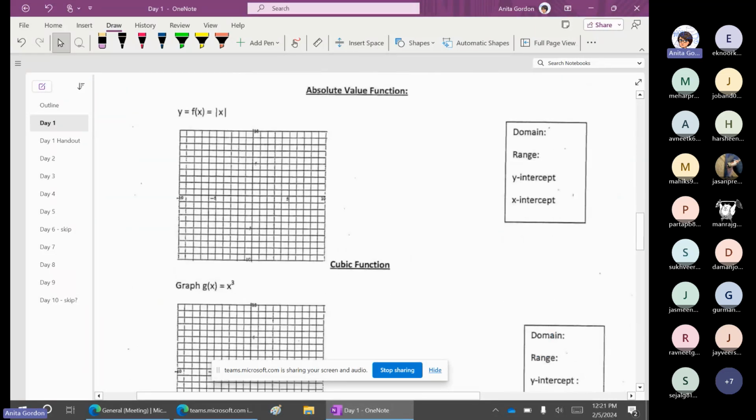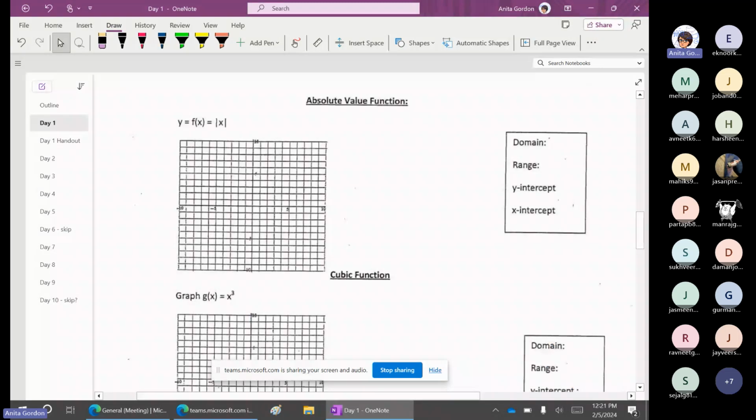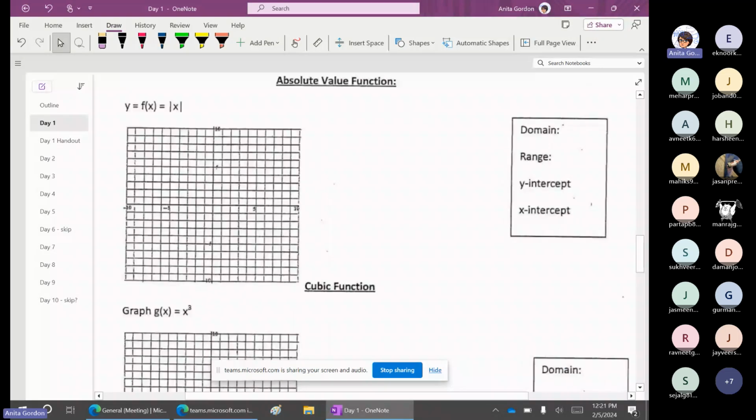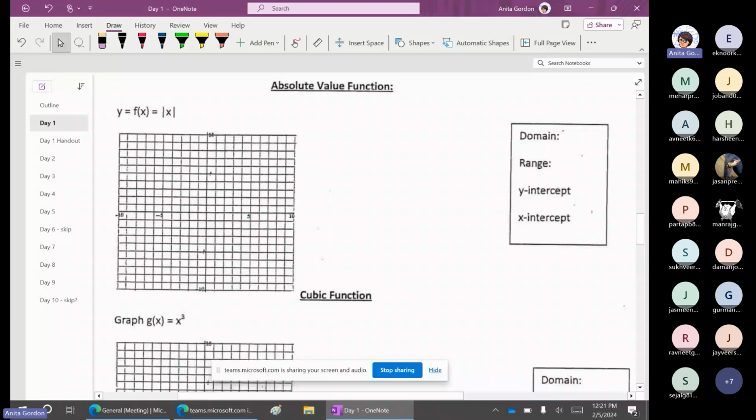Let's take a look at absolute value. Okay, when we look at an absolute value function, it is defined piecewise. So I'm going to write it this way.